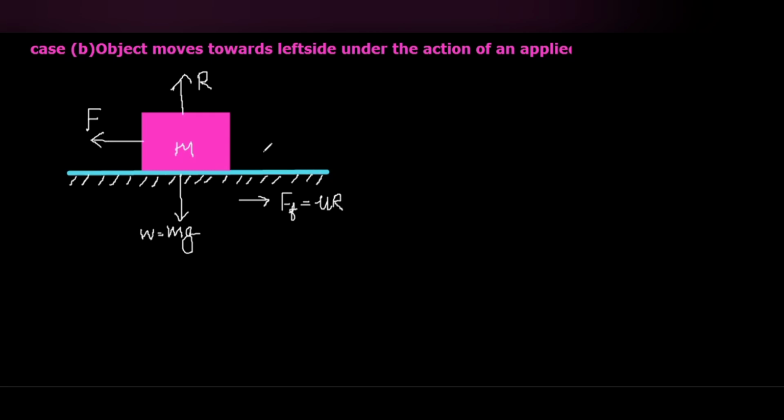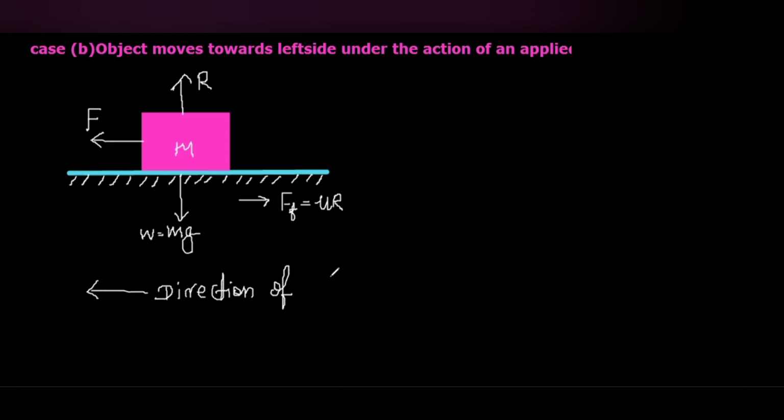In case this force F, that means the applied force on the left side, overcomes the frictional force, then the object will move towards left side. Then this will be the direction of motion.